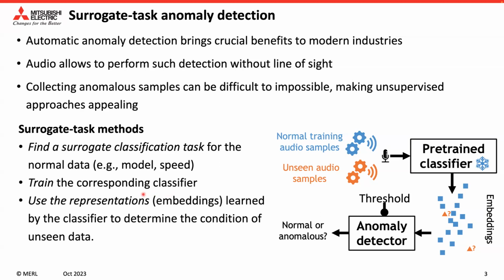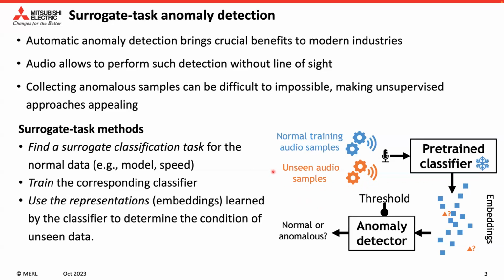Once we train the corresponding classifier, we'll use the internal representations learned by the classifier to make a determination on the condition of unseen data. So this final step is what we're seeing on the right here. We have this pre-trained classifier, and we can actually look at the embeddings distribution for normal training audio samples.